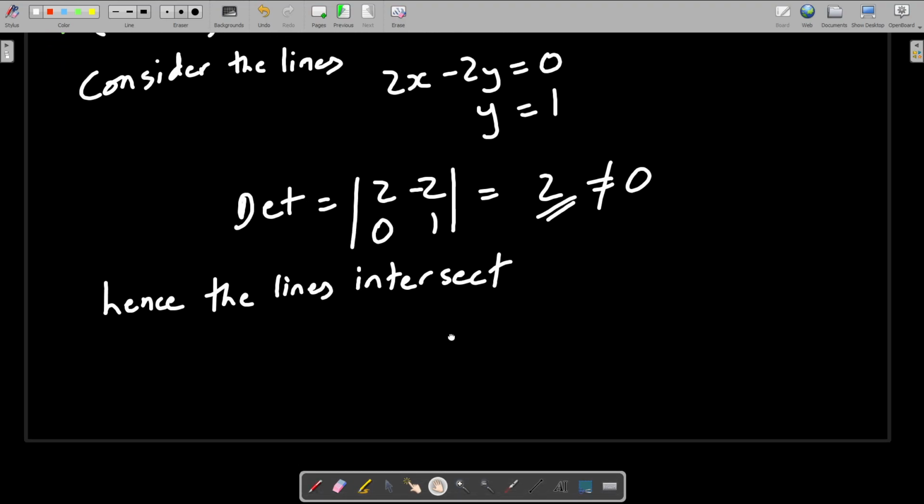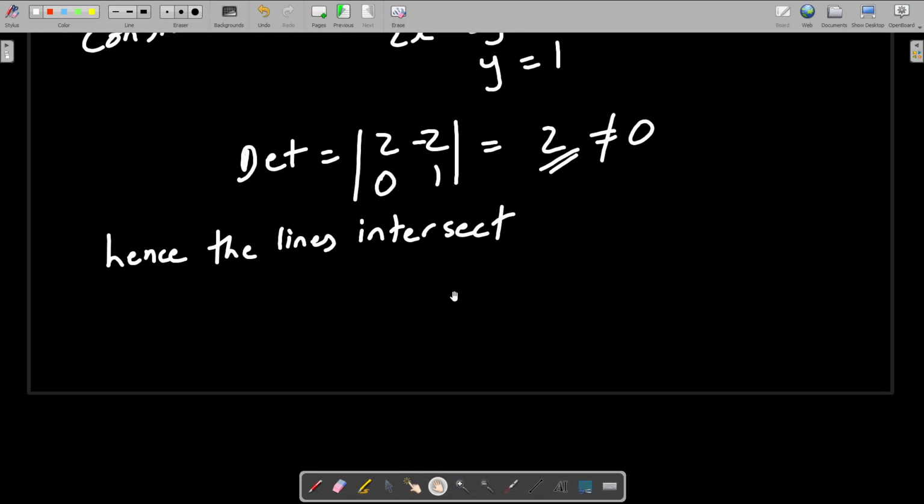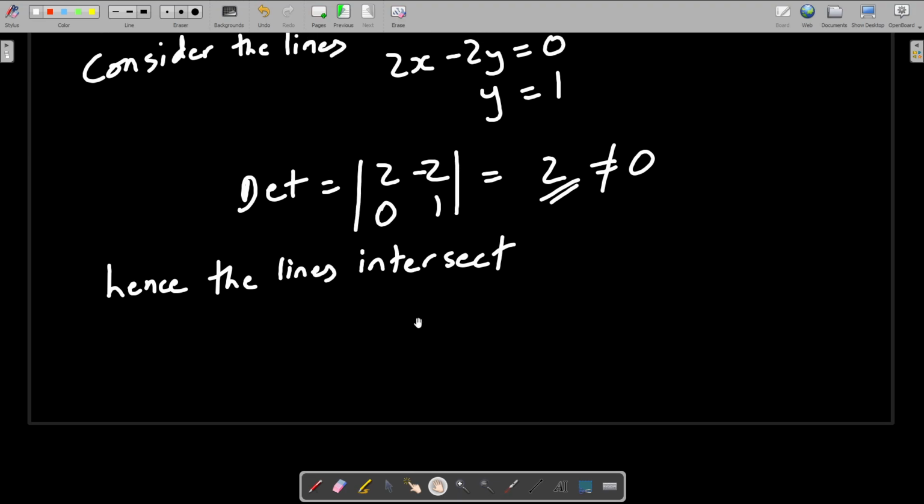So we'll have to find the point of intersection. The point of intersection becomes very easy here. You have the equations 2x minus 2y is equal to 0 and y is equal to 1. Clearly the second gives y is equal to 1, and substituting y is equal to 1 in the first equation, you will get x is equal to 1.